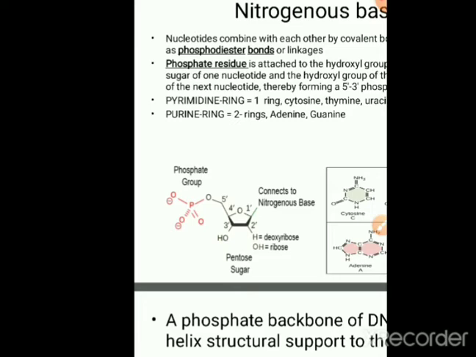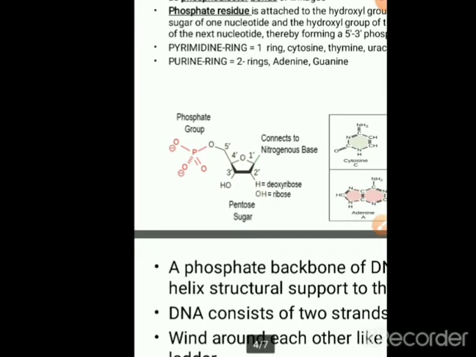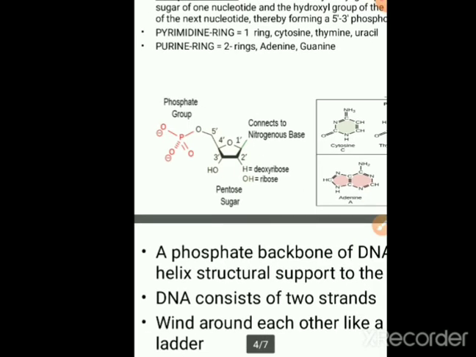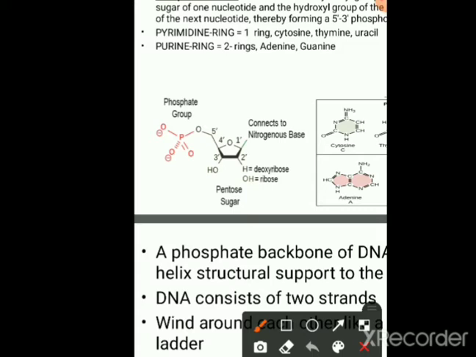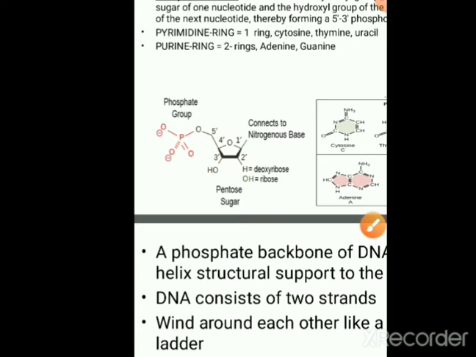Why am I calling it a diester bond? One ester bond is produced right here. The second ester bond is produced at carbon number 3, where another phosphate group comes, attacks, drags the OH out, and releases another water molecule.